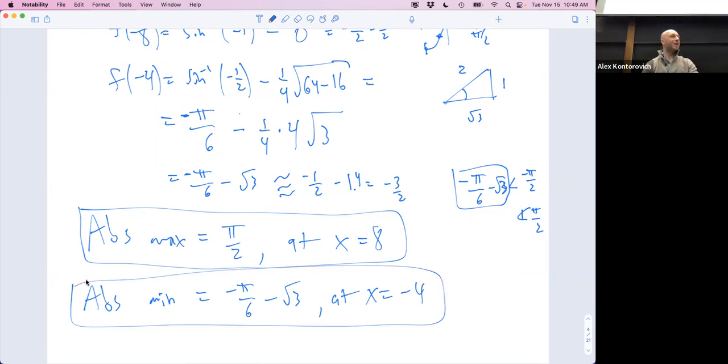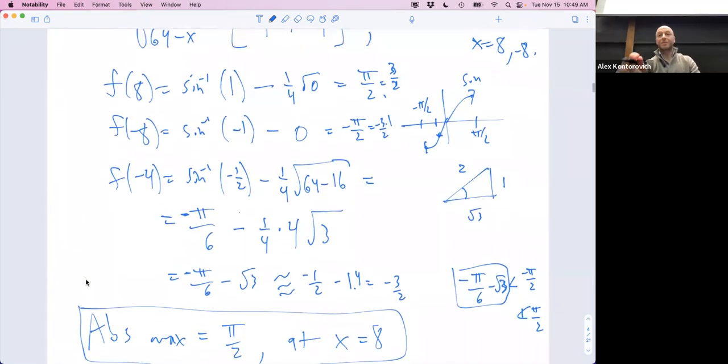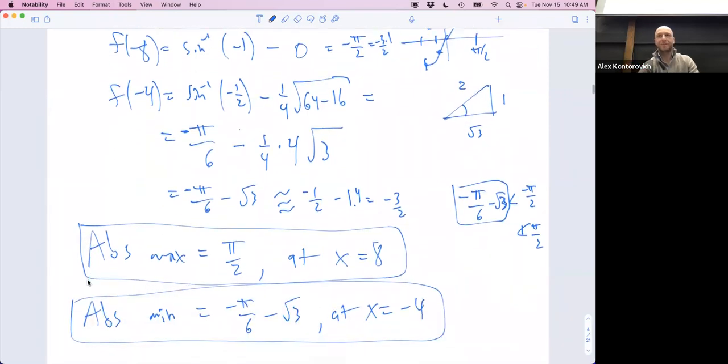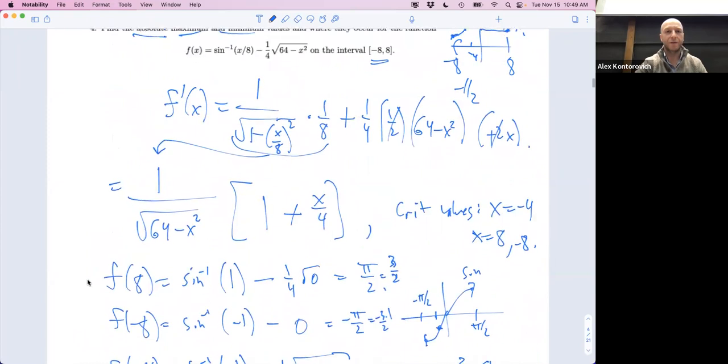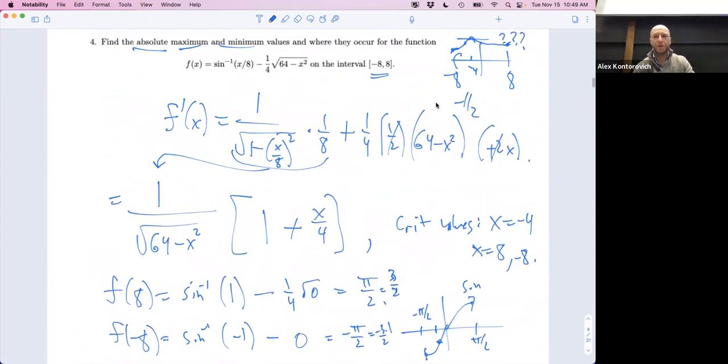Does that make sense? Make sense how you come up with that? Jenny, please. How did I get -4? Okay, so I looked at the derivative. I computed the derivative, and I want to know what the critical values are, which is when the derivative is equal to 0. So I looked at this and said, when is this equal to 0?